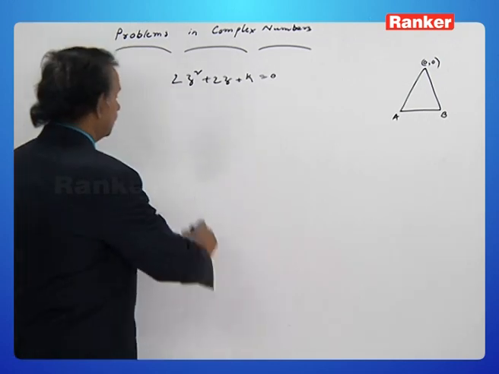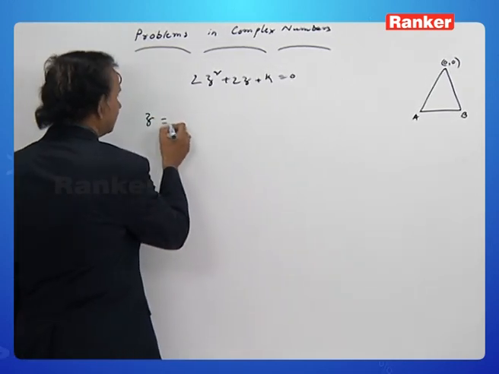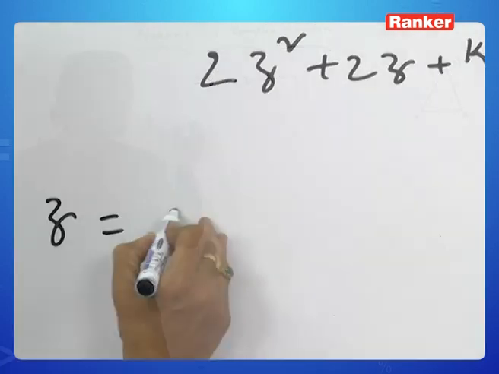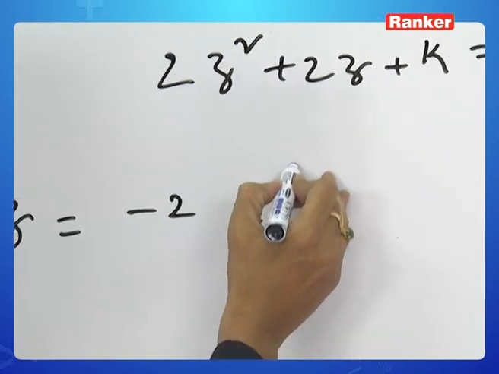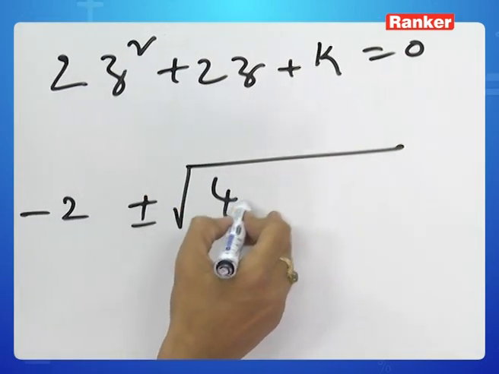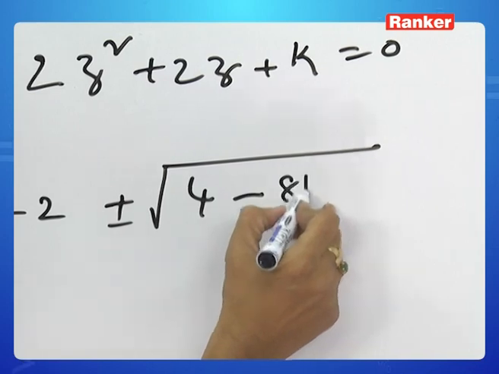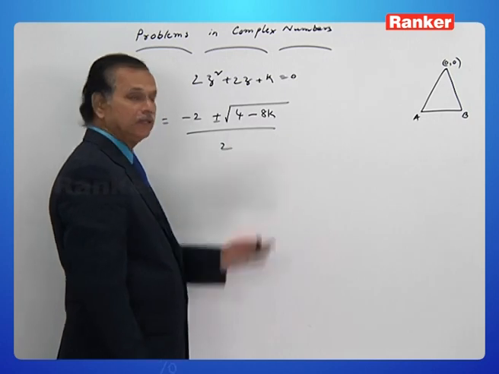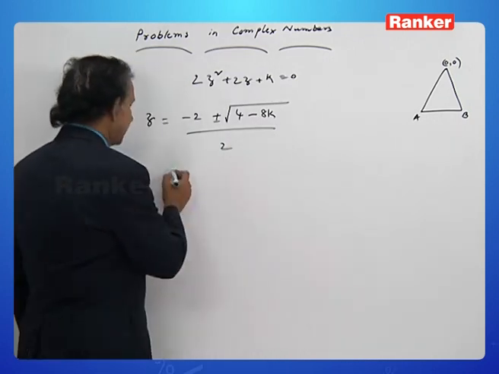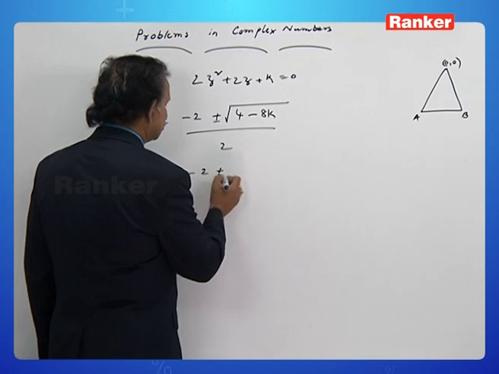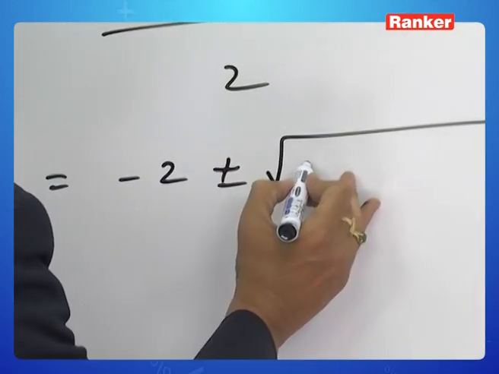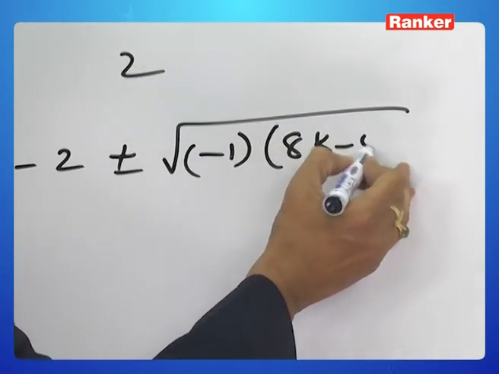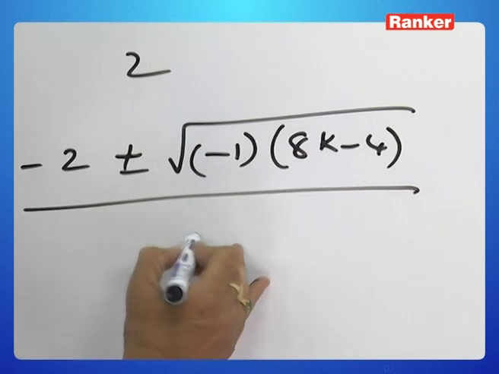Then what is z here? Actually, z is a complex number, z is equal to minus b plus or minus root of b square minus 4ac, that is 8k, by 2a. We are sure that it is not real. Therefore, this can again be taken as minus 2 plus or minus square root of minus 1 into 8k minus 4 by 2.